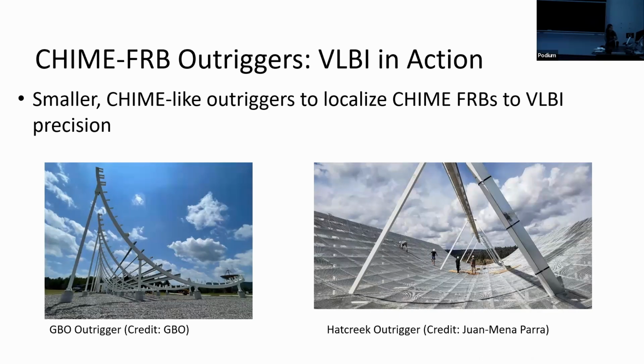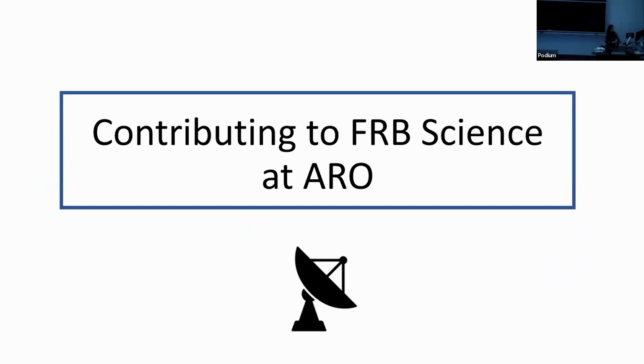And so they're being built to do VLBI with CHIME so that we can localize CHIME's FRBs to better precision and try to use that to tell us about the origins of these objects.